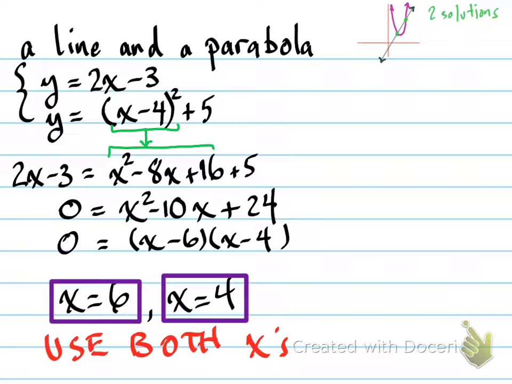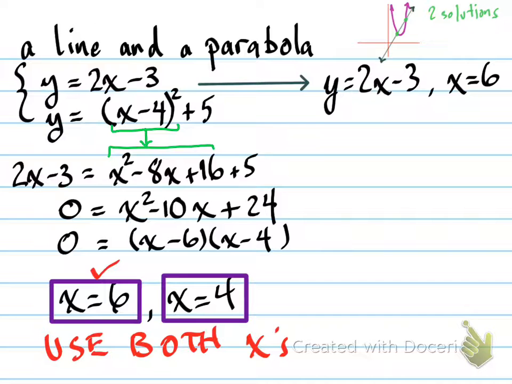This time they're different. So let's take that top equation, that linear equation, and replace the x with 6. So when x equals 6, that's 2 times 6 minus 3, 12 minus 3. So that makes y equal to 9. That means the point (6, 9) is one of our solution points. If we've done all the algebra correctly, that is one of our solutions.